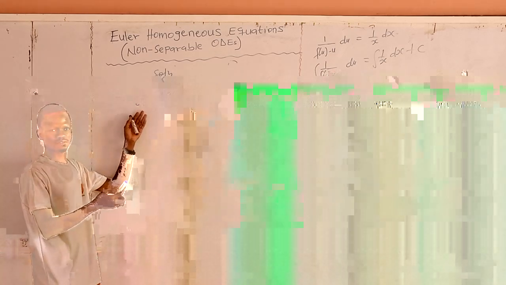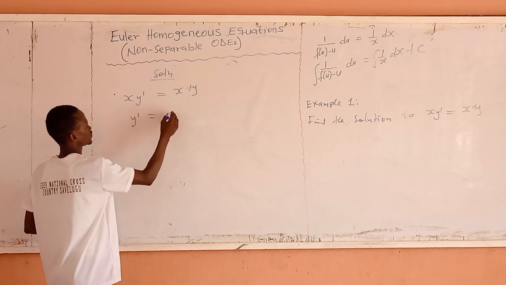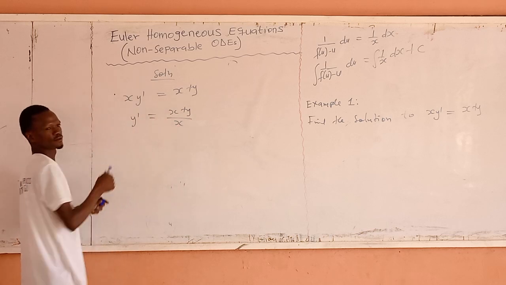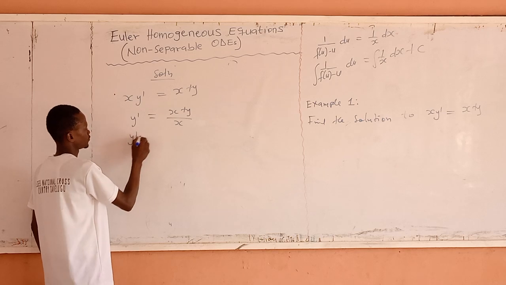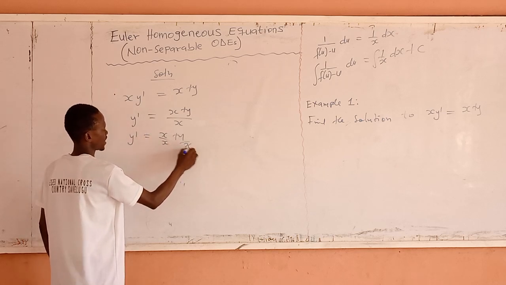So what we do is, we first of all make y prime the subject. So I have y prime equal to x plus y over x, that is by dividing both sides by x. So my y prime will be equal to x over x plus y over x.